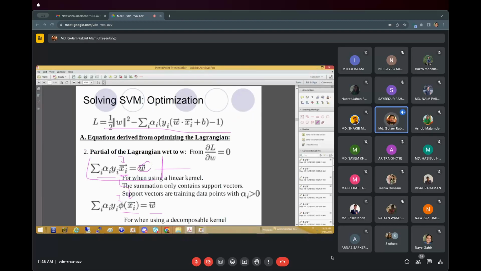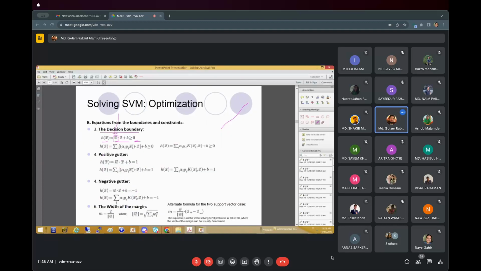If we put the value of w equal to summation of alpha i, yi, and xi, here is the summation of alpha i, yi, and xi, and this is the feature vector x, plus b. That means we can rewrite this equation in this form by putting the value of w here. Then we will get this one, and we can rewrite this also in this form.